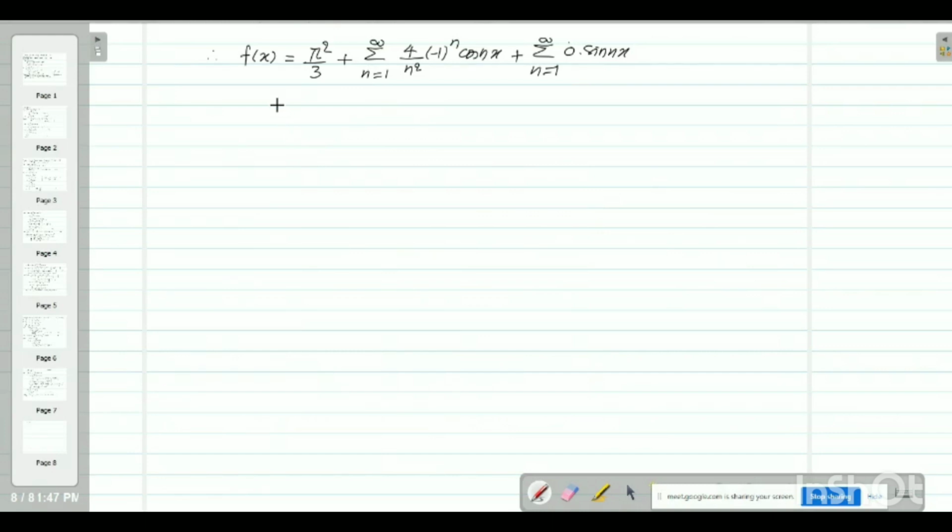Just simplify this. This is equal to pi square by 3. But f of x is x square.